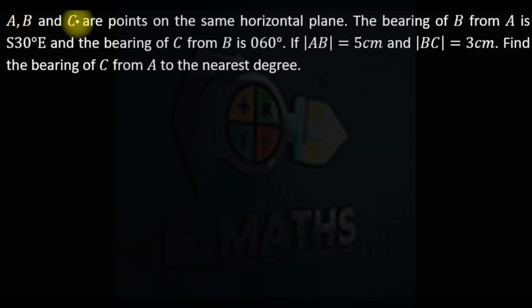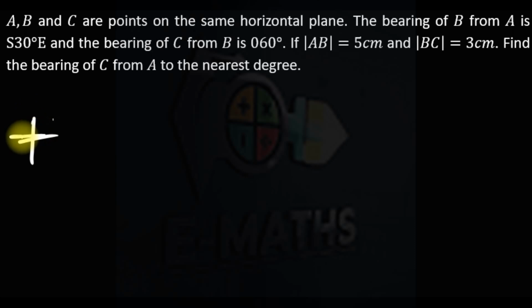They said A, B, and C are points on the same horizontal plane. The bearing of B from A is south 30 degrees, and the bearing of C from B is 60 degrees. If AB is 5, BC is 3, find the bearing of C from A. So we can picture that horizontal plane as this vertical plane. So we start from A, south 30 degrees.